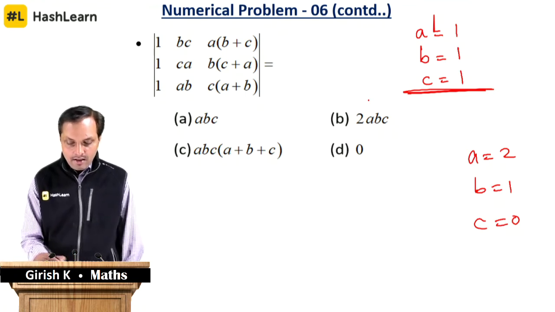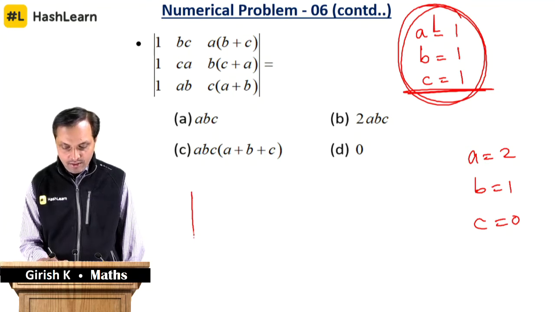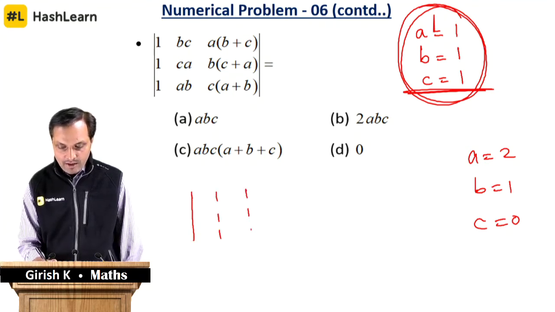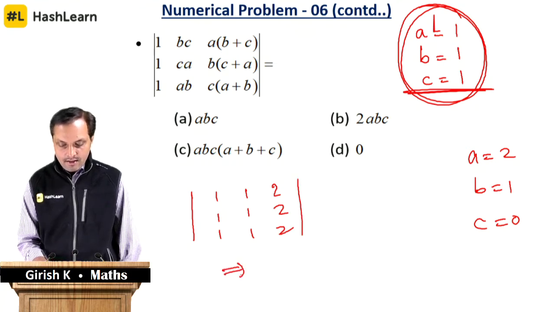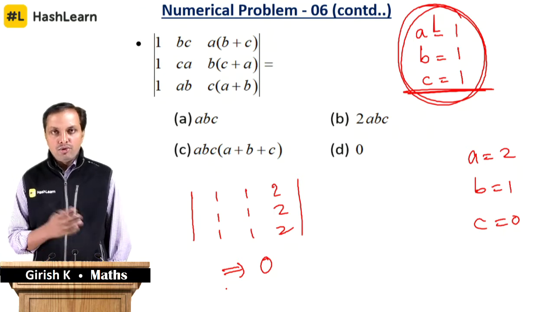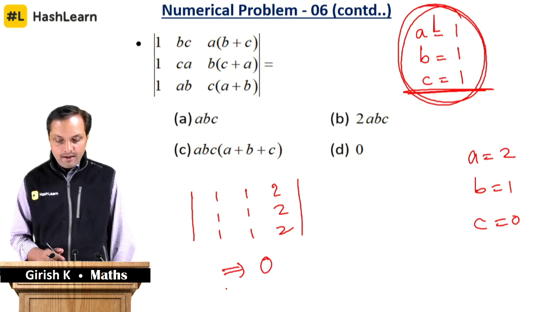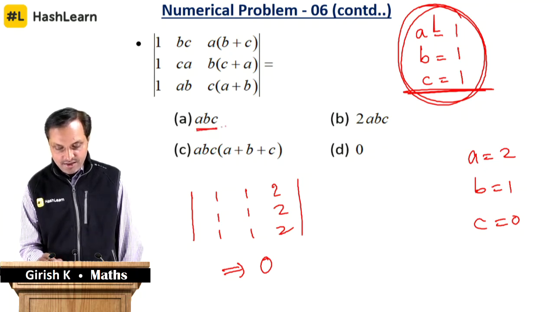So here if A is equal to 1, B is equal to 1, C is equal to 1, you will get 1, 1, 1, 2, 2, 2 here. Okay? So you know the simple property: if two rows are identical or two columns are identical, the answer is 0. How many options give 0 here?